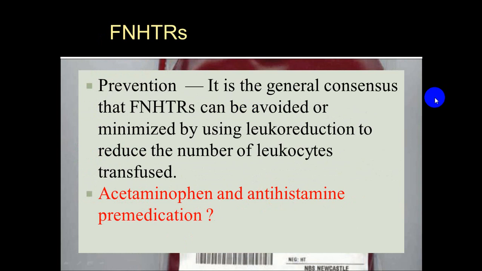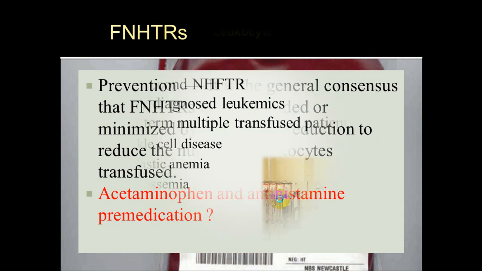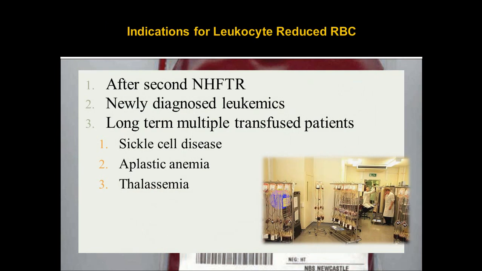Prevention is generally consensus: it can be avoided by leukodepleted RBC, as mentioned before. Indications for leukodepleted RBC: after a second non-hemolytic febrile transfusion reaction, and newly diagnosed leukemia. This is to avoid the reaction of white blood cells in the leukemic patient, and this is considered a worse reaction, especially for those who need autologous or allogeneic bone marrow transplantation.